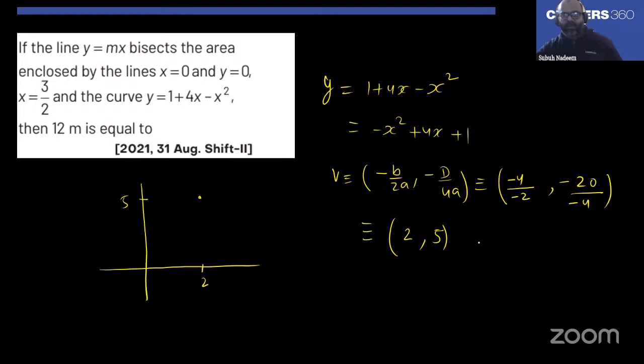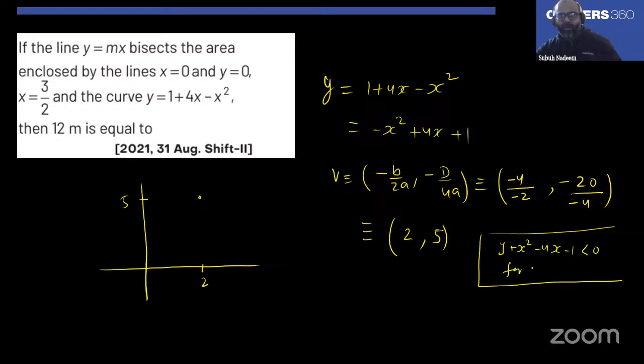This expression, y plus x square minus 4x minus 1, will become, when you put y equal to 0 and x equal to 2, 4 minus 8. This will be negative for (2, 0).